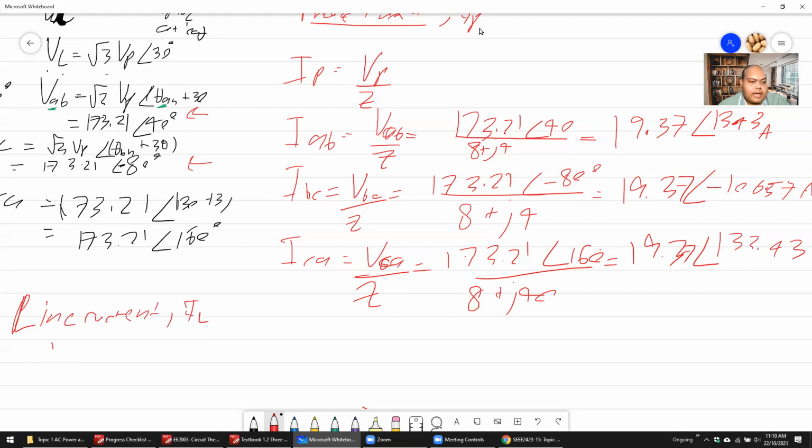IL. So IL is equals to square root of 3 I phase, okay, angle negative 30 degree. So IA is equals to square root 3 multiplied by 19.37 angle. Okay, you have to take the first one, theta AB.